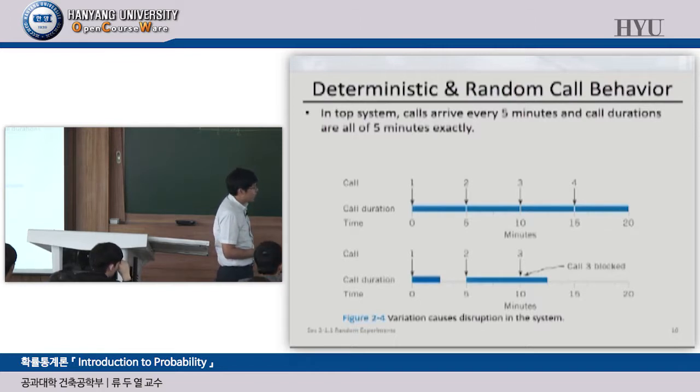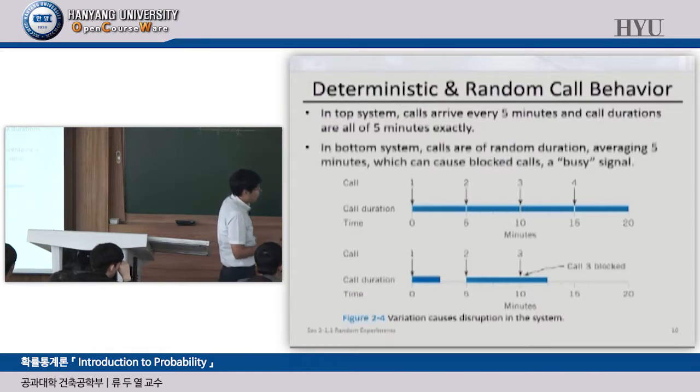So in this case, we just need to have just the first line, just one line. But in the bottom system, the calls arrive every 5 minutes, as in the previous case, but the duration is different, even though the duration of the calls has an average value of 5 minutes.